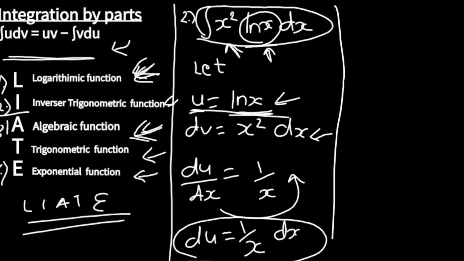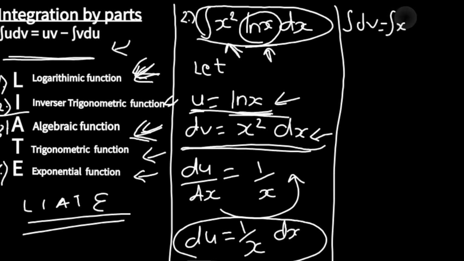Now, the next part is to find the integral of this part here. So let's find the integral of dv, and the integral of x squared dx. You are finding the integral of a derivative.